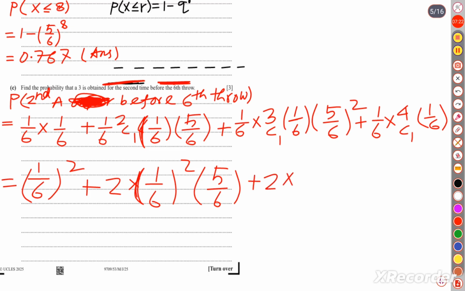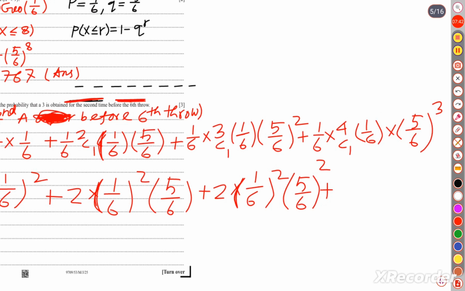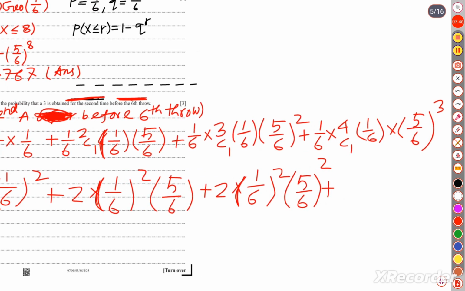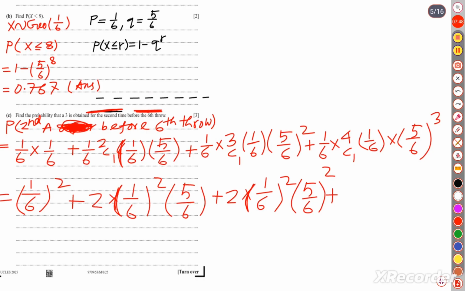And success definitely two times because two times we obtained A and the rest two times we failed. So 5 over 6 two times. And here also 4 choose 1 is, let me zoom it out, 4 choose 1. Okay, 4 choose 1 means 4.